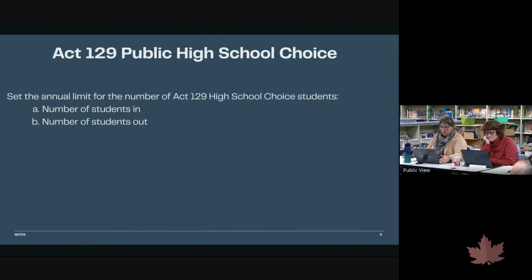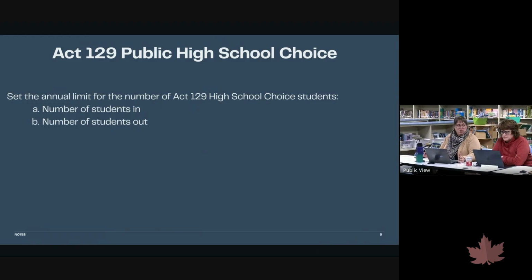So also in January every year, we need to set the Act 129 public high school choice limits. We do this every year. I think all board members have gone through this before, so what we're really trying to do, you have in your board packet what your parameters are around setting the limits.